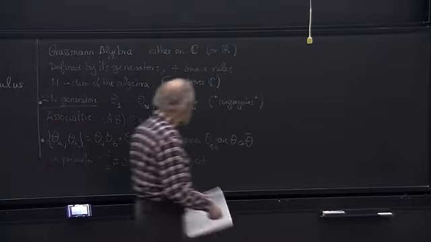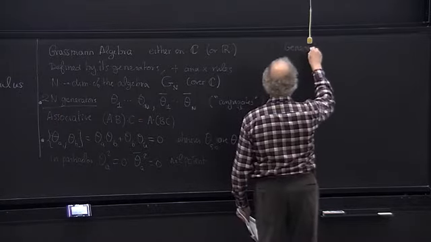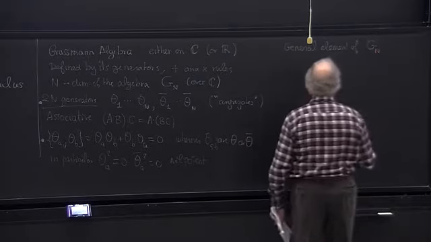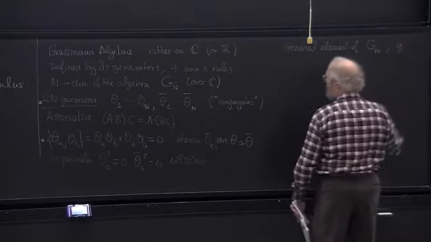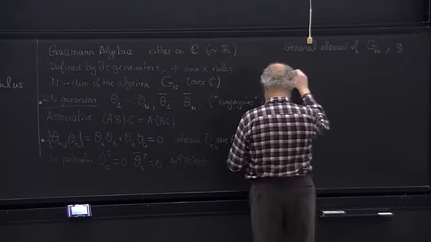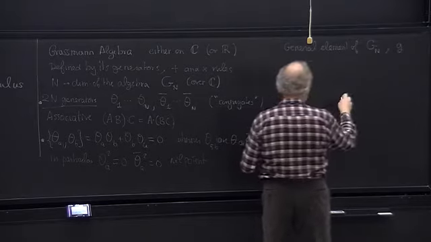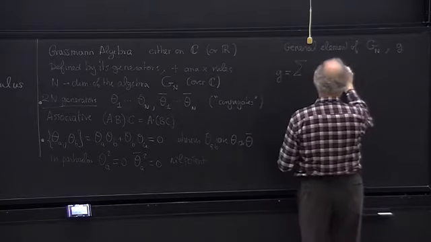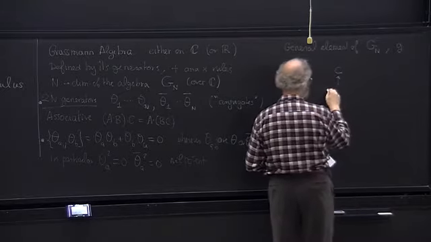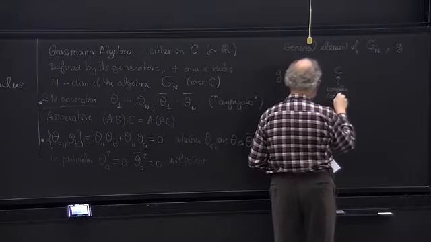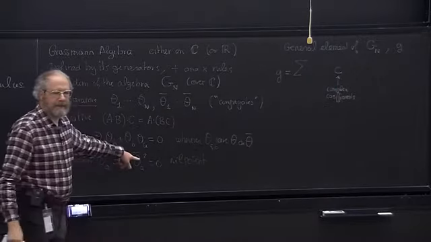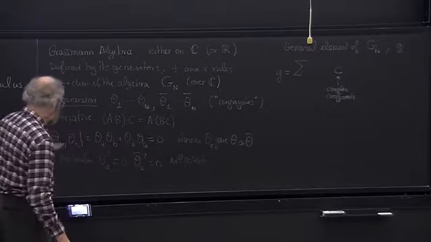So I'm going to define a general element of the algebra Gn, let me call it G, as a linear combination of products with complex coefficients C, of products of thetas and theta bars, exactly like in a general algebra.